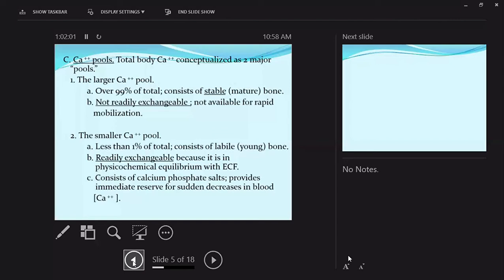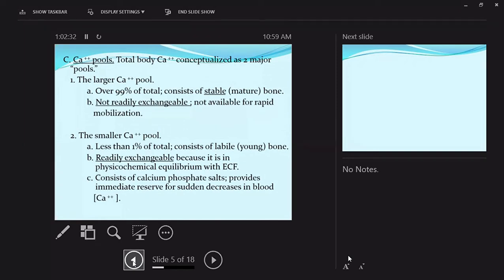So you have decreased calcium excretion in the kidneys if you have increased parathyroid hormone, decreased extracellular fluid volume, decreased blood pressure, and increased plasma phosphate. And if you have metabolic alkalosis and decreased vitamin D3.